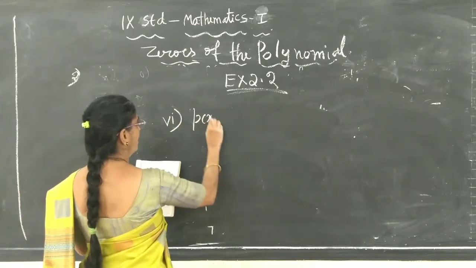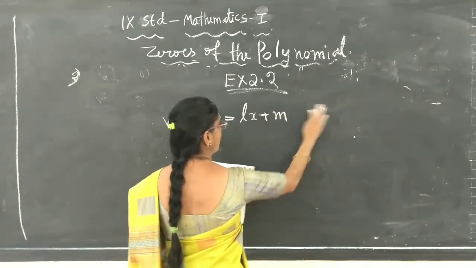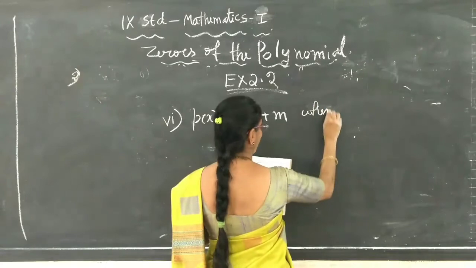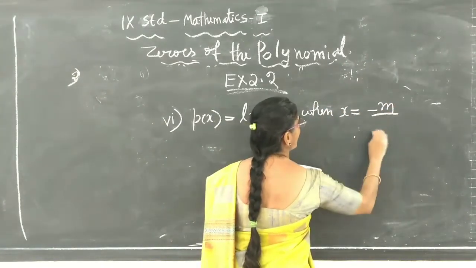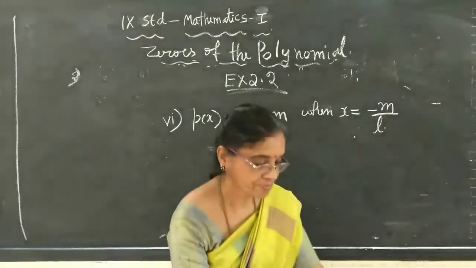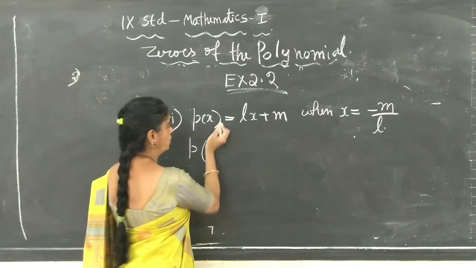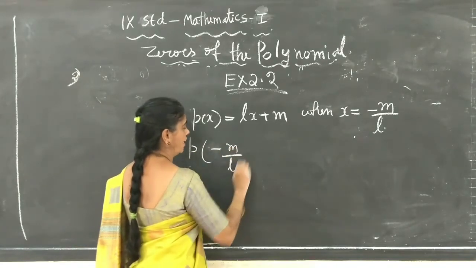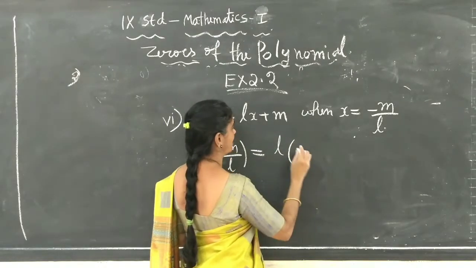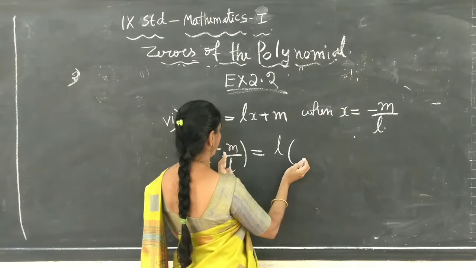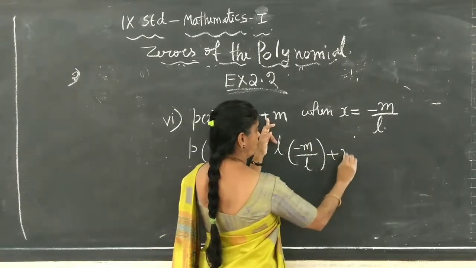The polynomial with variable x is equal to Lx plus m, and the x value is minus m by L. So put the value: P of minus m by L is equal to L into the x value. How much should I write, children? The x value is minus m by L, then plus m.